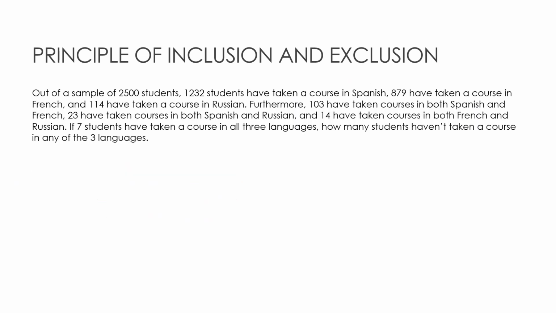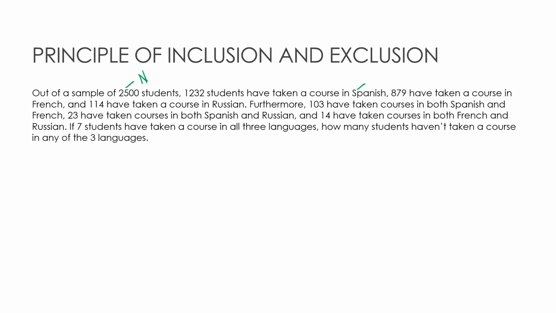So let's take a look at this first example together. Notice they're going to give me some information, and I want to take you through step by step the order in which you might do this. So it says out of a sample of 2,500 students, this to me says that is the universe. I'm starting with 2,500 students. They tell me 1,232 have taken a course in Spanish.